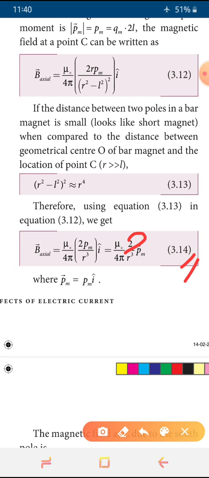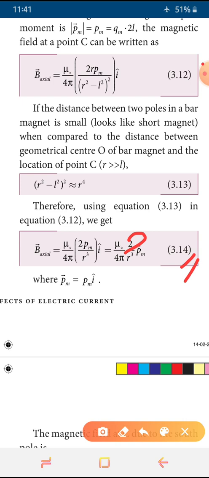In axial, the equation is mu naught by 4 pi 2 by R cube Pm. The equatorial equation is mu naught by 4 pi Pm vector divided by R cube. So the axial is twice as compared to the equatorial. Okay, this is the comparison between the axial and equatorial.